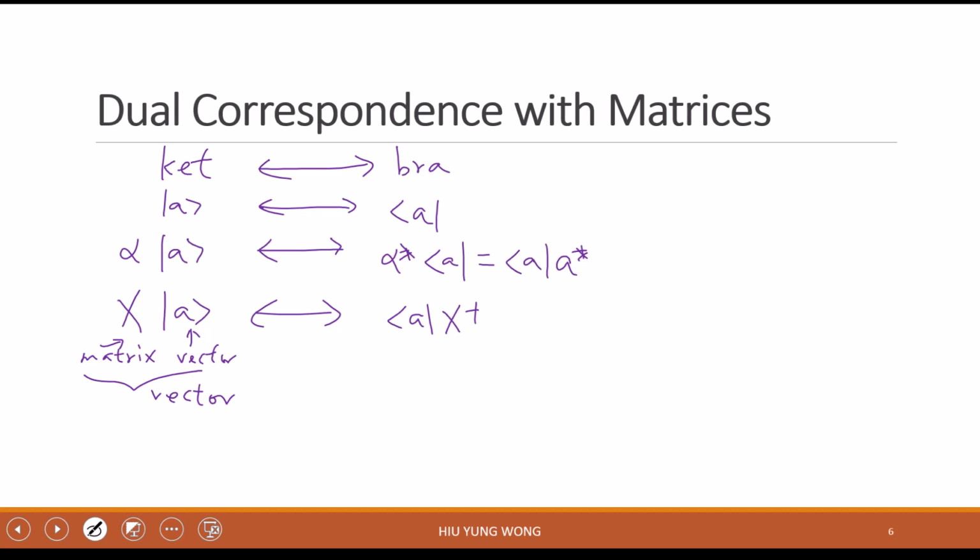But this is a matrix. So what is dagger? Transpose and complex conjugate. Very good. So does it make sense based on what you have learned? This is the transpose of this guy, this is the complex conjugate. So it looks correct. The correspondence must be dagger.